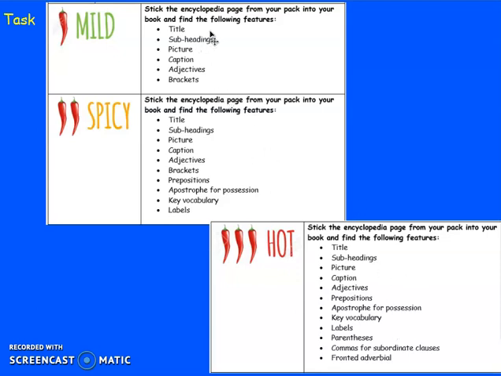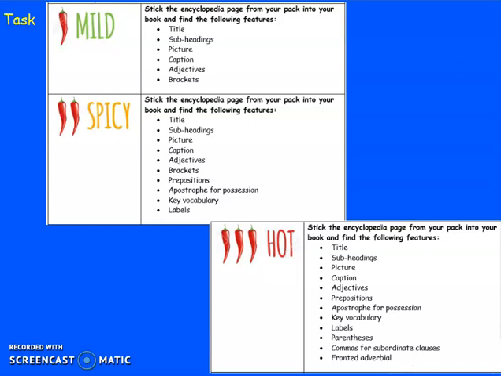So you'll need to find the title, subheadings, pictures, captions, adjectives, brackets, prepositions, apostrophes for possession, key vocabulary, labels, parentheses, commas, the subordinate clauses, and fronted adverbial.